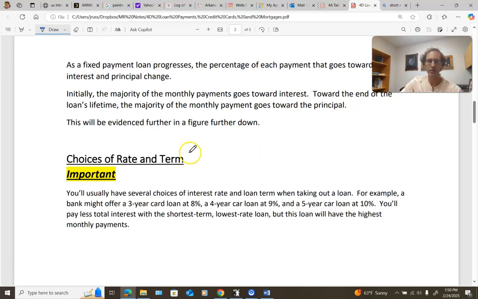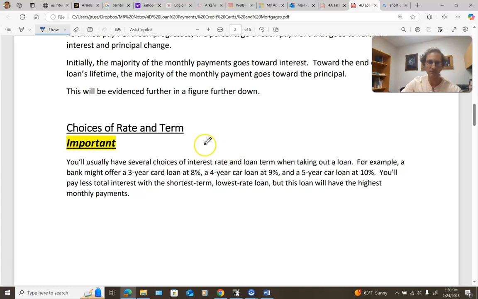Also, I mentioned this earlier, choices of rate and term. This is important. Whether you're buying a car or a house, guys, there are choices in the term of the loan. Okay. So for example, a bank may offer you a 3-year car loan at 8% interest, a 4-year car loan at 9%, and a 5-year car loan at 10%.